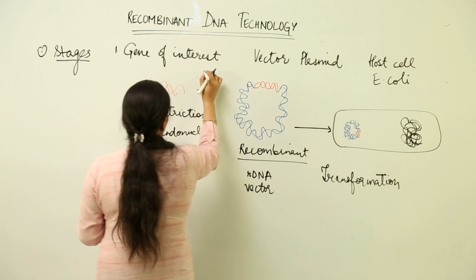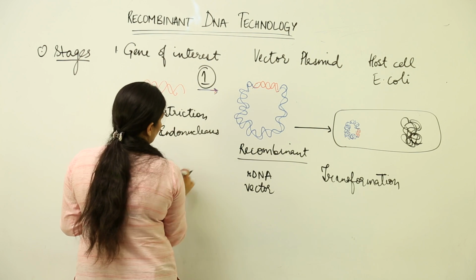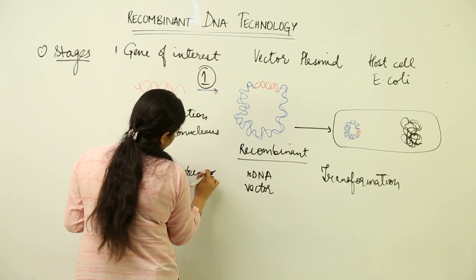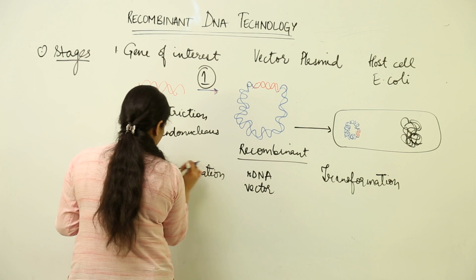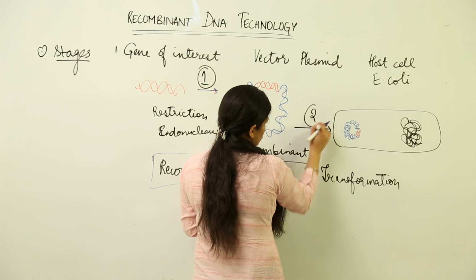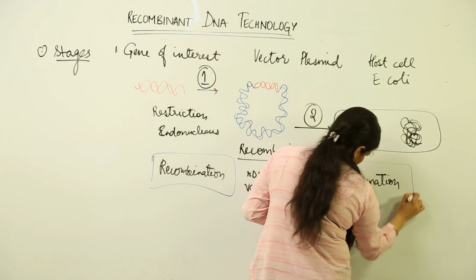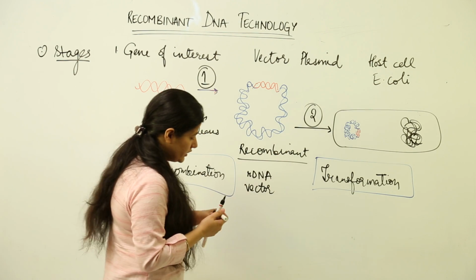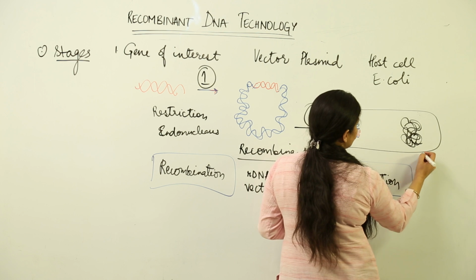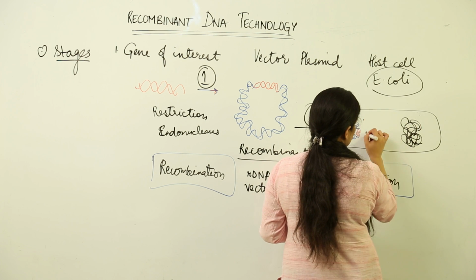Step number 1 is recombination. And step number 2 is transformation, where we have the vector getting incorporated into the host cell, which happens to be E. coli. This is E. coli.